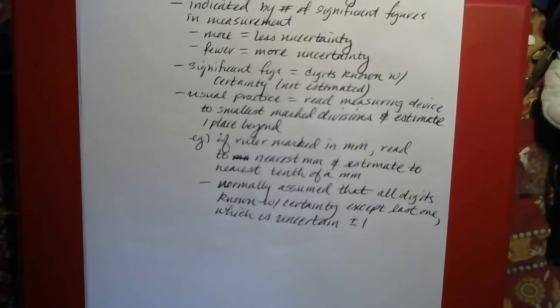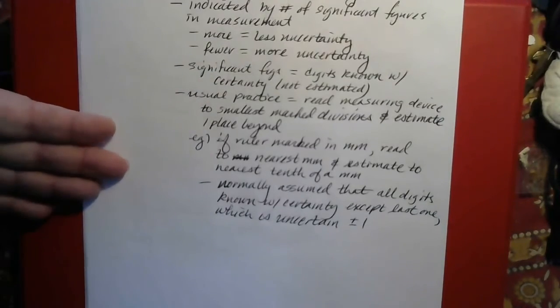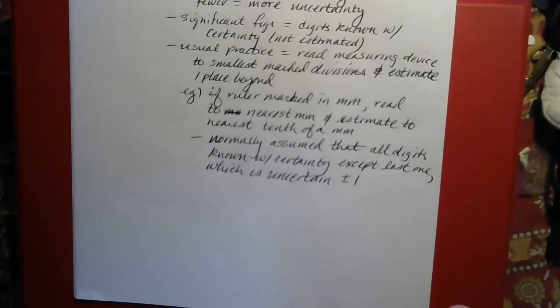And we assume that the last digit is uncertain to a degree of ±1, because we want to leave a little room for error and disagreement.